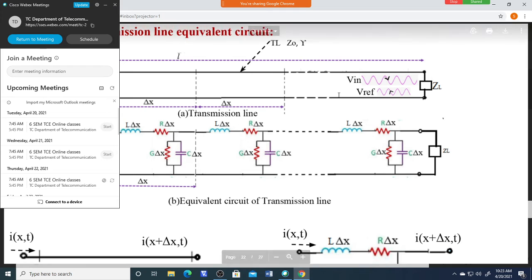So we have to derive the relation, because the deviation depends upon ZL and Z naught. If you know ZL and Z naught, we can come to know the phase and amplitude difference between these two. That relation we have to derive, and we will see how to derive it.